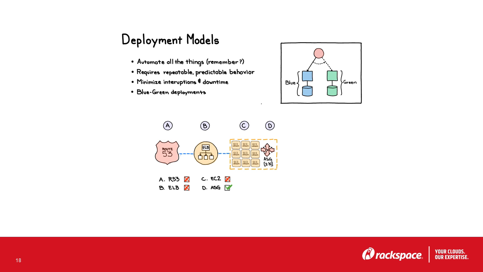There are a couple of different places, talking specifically about AWS, where you could do that switch over. One is at DNS: you could build a new stack and simply update DNS to point to the new ELB. You could swap out the ELB. You could swap out individual EC2 instances, or you can do the switch at the auto-scaling group.